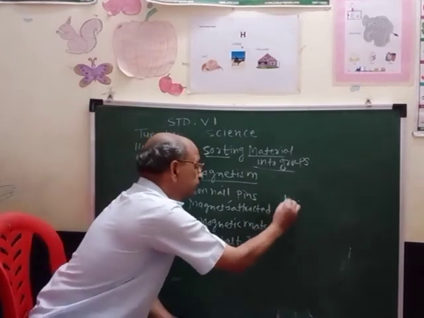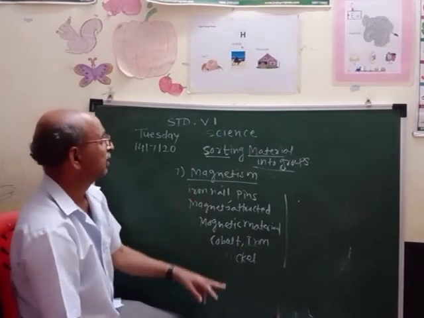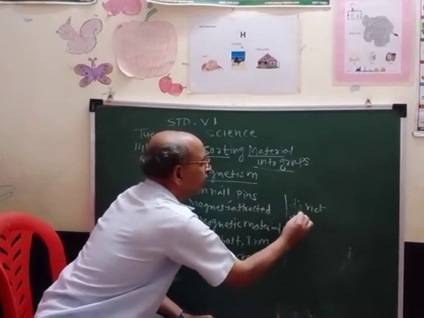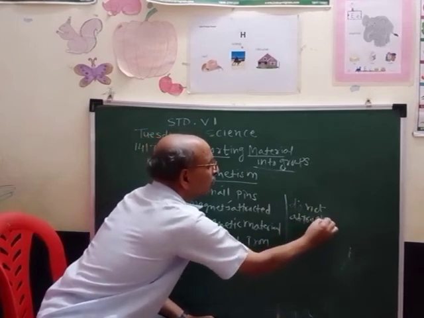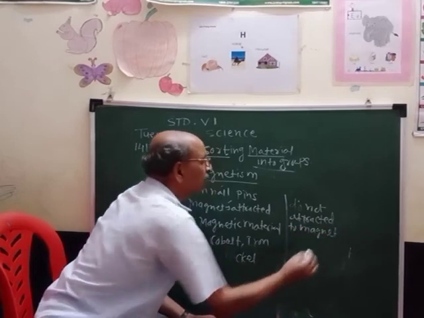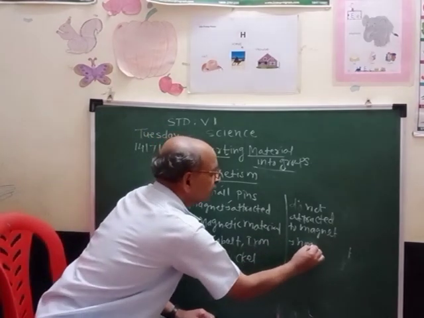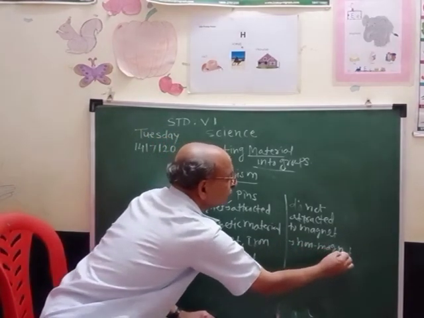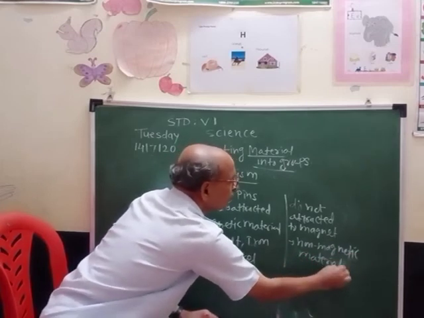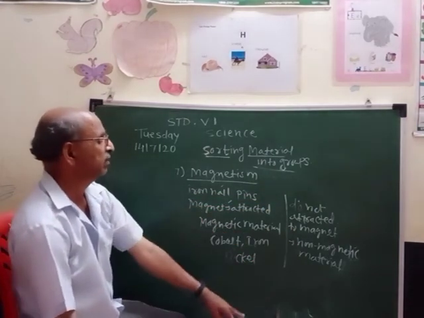And second, the material which is not attracted towards the magnet is called non-magnetic material.